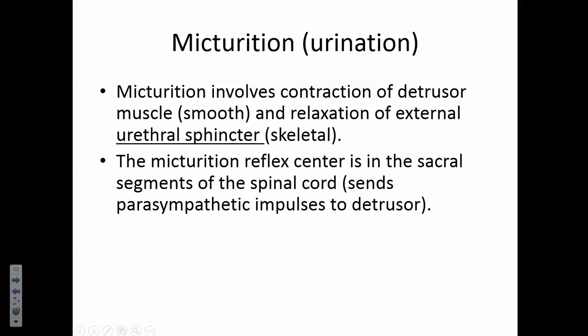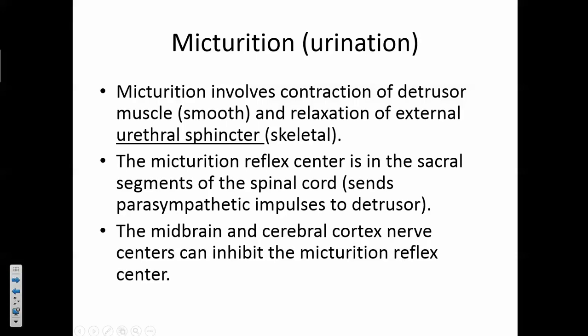When you hit about age 2 or 3, your nervous system has developed enough to send inhibitory signals down to the reflex center to stop the continuation of the reflex on the motor neuron. And at that point, you have conscious control over urination. But many of you one day might be dealing with patients who are paralyzed, or elderly patients.